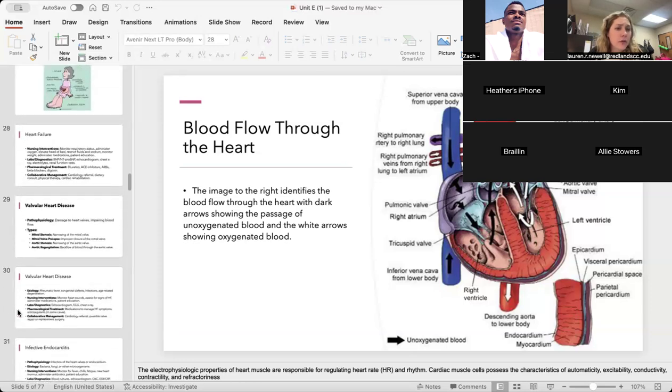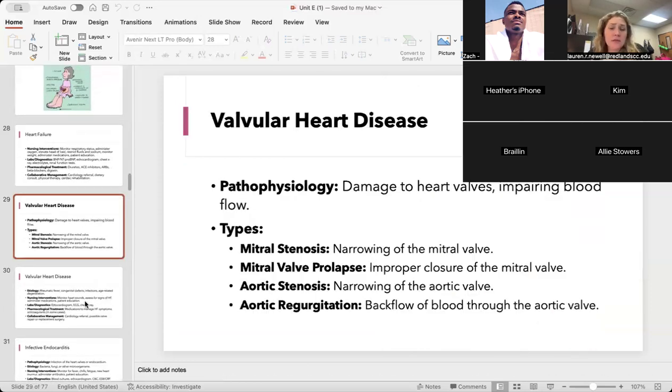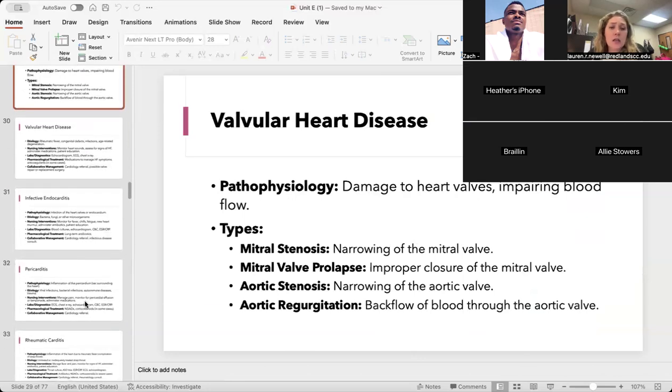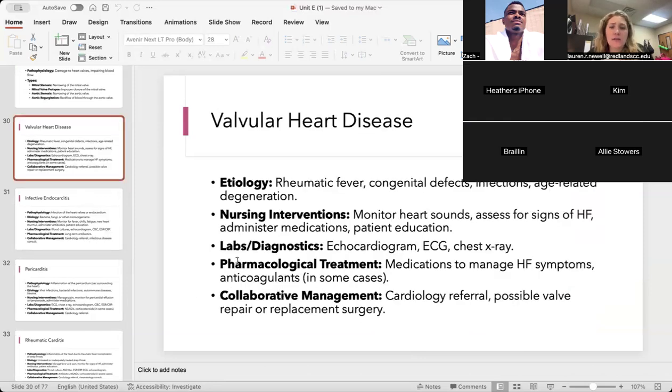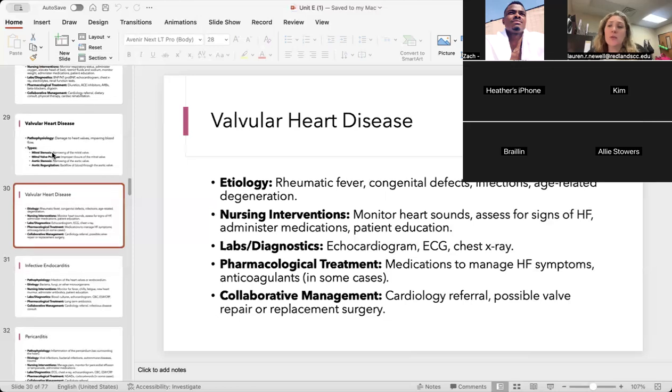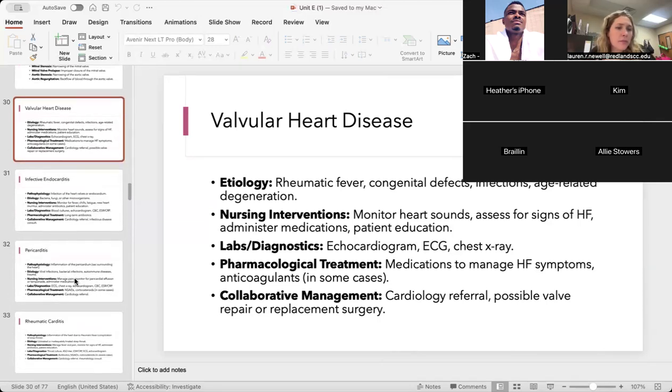With valvular heart disease, one of the primary things I want you to pick up on is that if they ever have a valve replacement, these patients are always going to be on blood thinners or some kind of anticoagulant to make sure that blood doesn't pool in that new valve space. So it's really important that those patients adhere to their medication regimen.